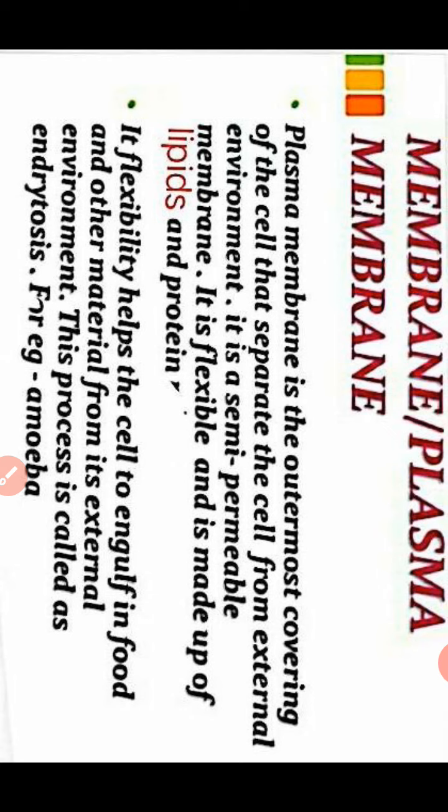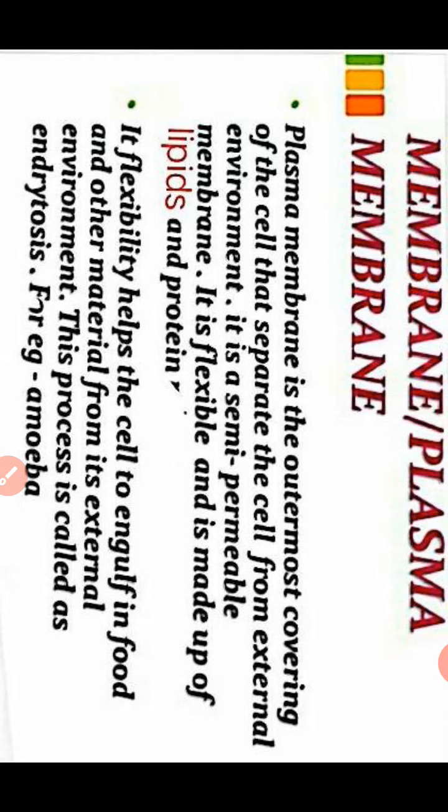It is also a semi-permeable membrane. Now what do we mean by semi-permeable membrane? It is not permeable to all components. It means it does not provide entry of all materials into the cell. It is selectively permeable.